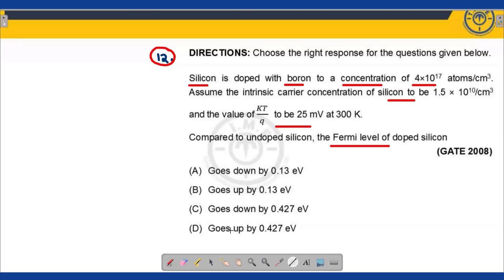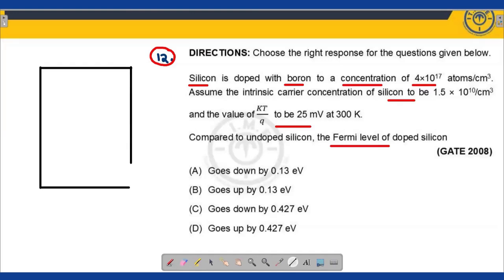In this particular P-type semiconductor, what happens? Let me tell you. If I take the energy band diagram over here, this is the conduction band, and this is VB, the valence band.